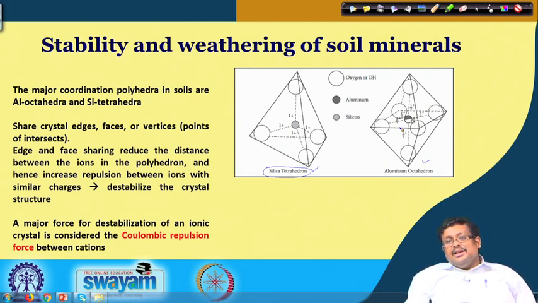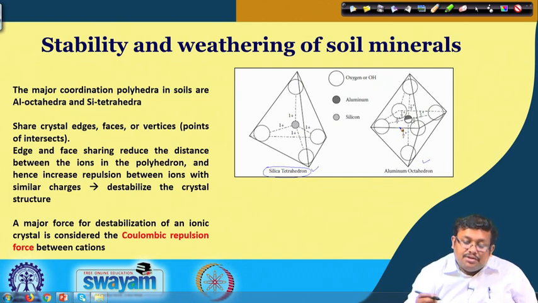When two similar ions come in close proximity, obviously there will be repulsion. A major force for destabilization of an ionic crystal is considered the Coulombic repulsion forces between cations. So, this is why one mineral shows different susceptibility to weathering than another mineral.